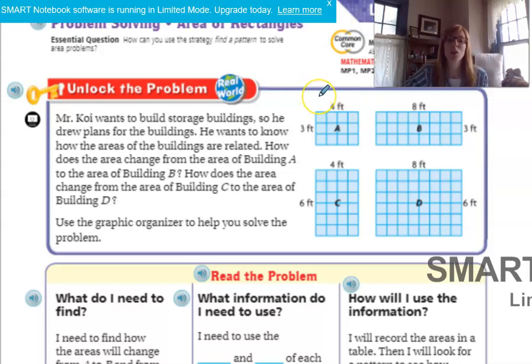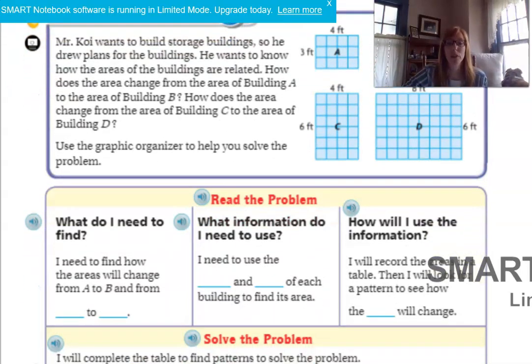All right, so first off, use the graphic organizers to help you solve the problem, okay? So let's go down and read what they have written already for us. And I'll move my face off for a minute. Okay, so it says, what do we need to find?